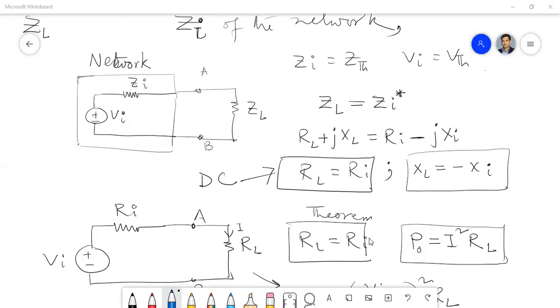What is XL? You first tell me what XL is. Sir, the inductive reactance. XL is not inductive. You cannot say that it is an inductive reactance. It is a simple reactance. Now, what do you mean by XL equals minus XI? What is the implication in case of a practical circuit? Sir, I don't know, sir.